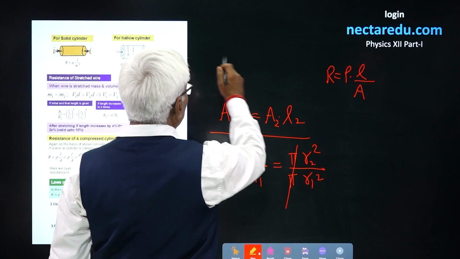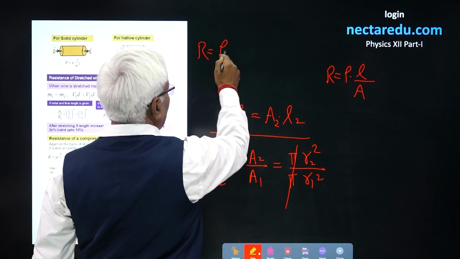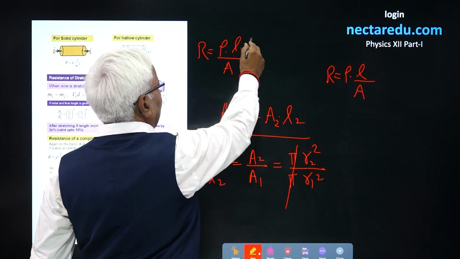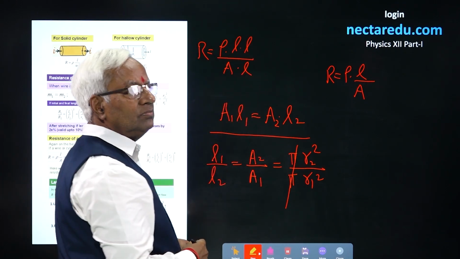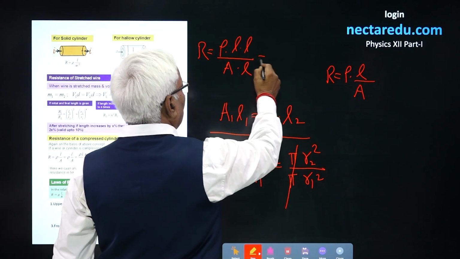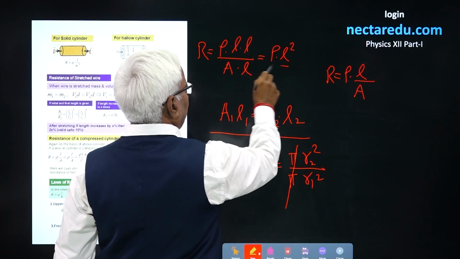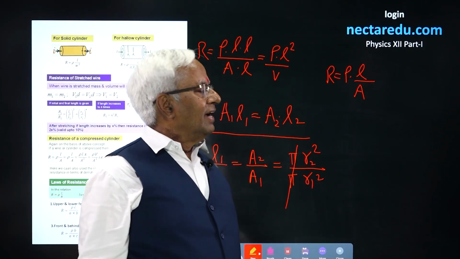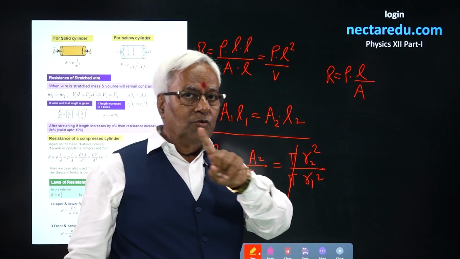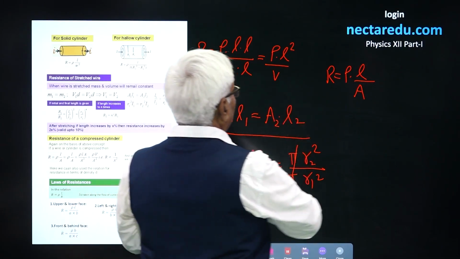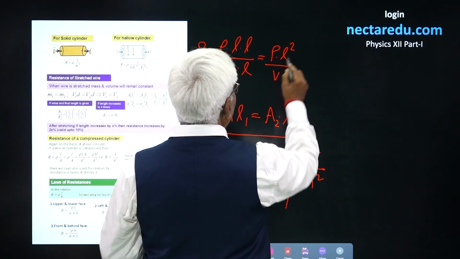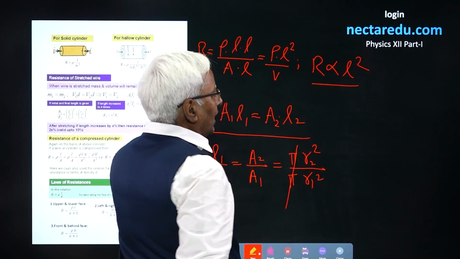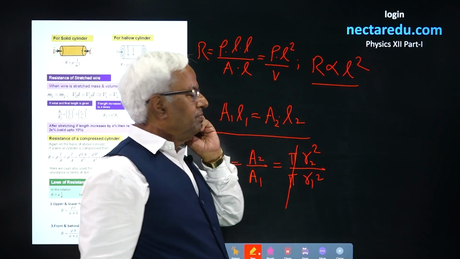So let's introduce volume in this relation so that we might treat it as constant. We'll simply multiply it by L. Now what becomes is rho L square upon V. Rho is characteristic of the material, and you have imposed one condition that volume will not change. So what remains variable now is only length. Obviously, you get one important relation, R proportional to L square.